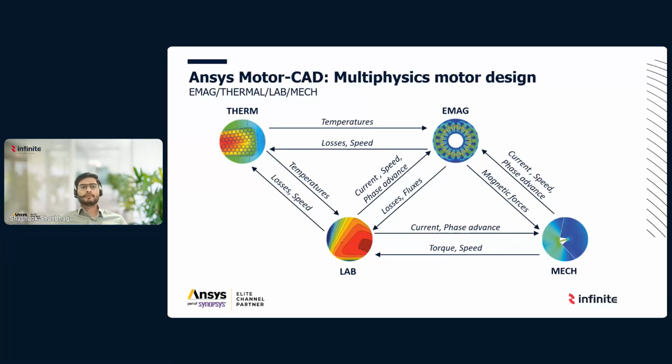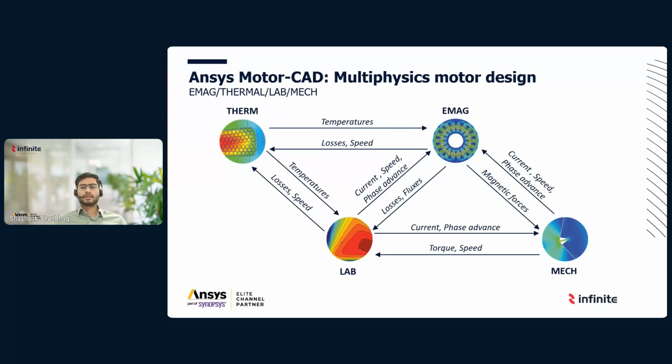Here, you can see the arrows represent the transfer of data between Motor-CAD and also the multiphysics interaction within the motor itself. This is very critical in multiphysics simulations and also system simulations. Each of these models can be used on their own, but also together.